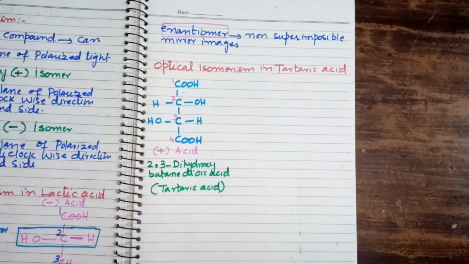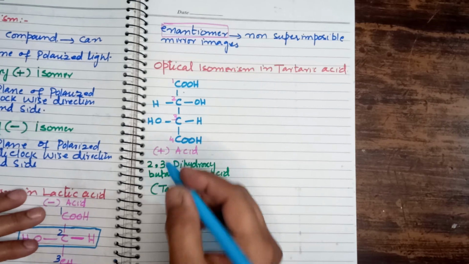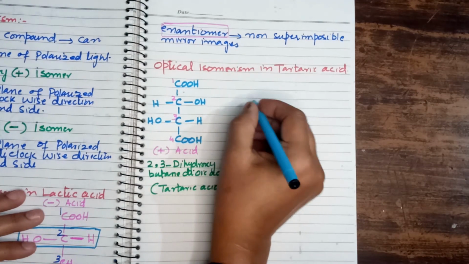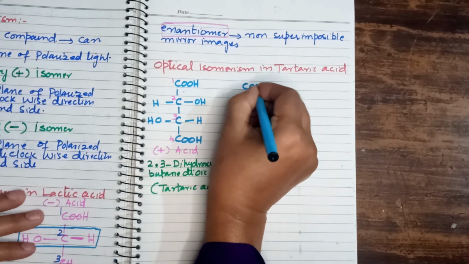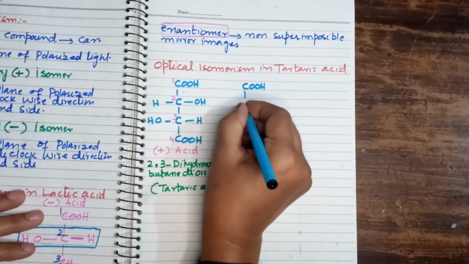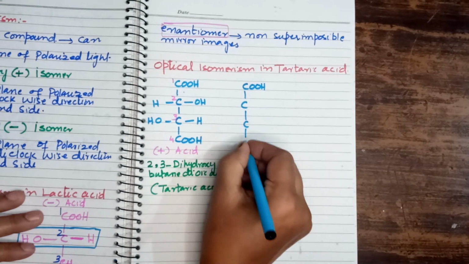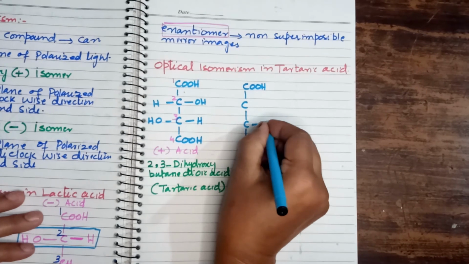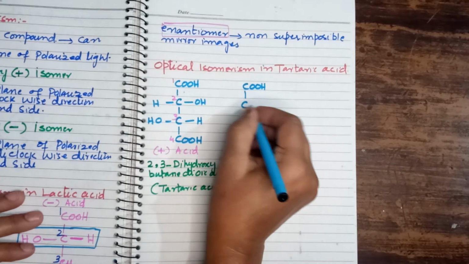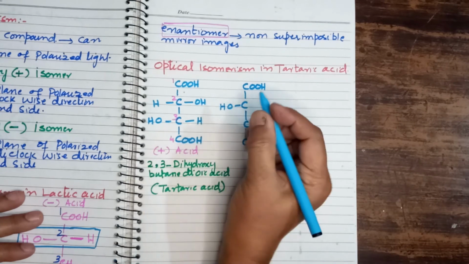Now let's write the second form of tartaric acid. The second form of tartaric acid will be written like this. We place 4 carbon atoms, COOH attached with this carbon, again another carbon, and here we have a COOH group. Now here we have a hydroxyl group on the right hand side, and here we have a hydroxyl group on the left hand side, right, students?